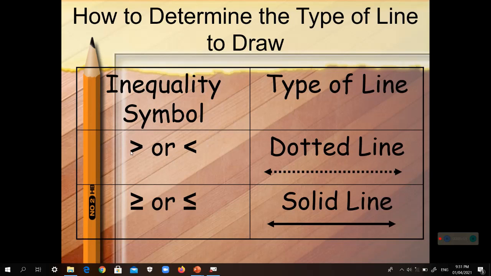If you are given the inequality symbol greater than or less than, you are going to use a dotted line. If you have greater than or equal to and less than or equal to, you are going to connect the points using a solid line.